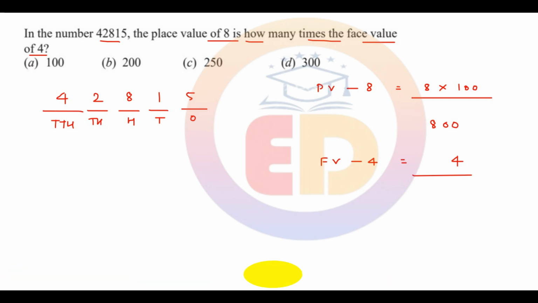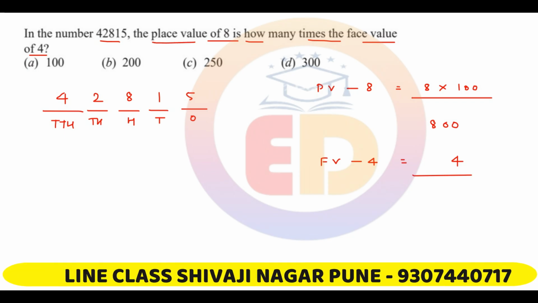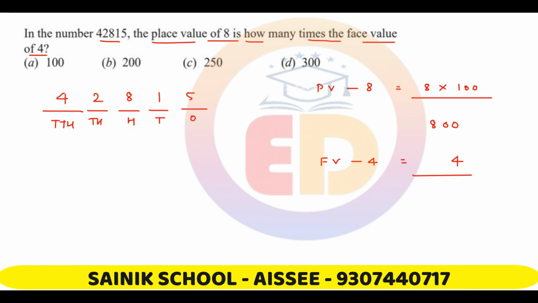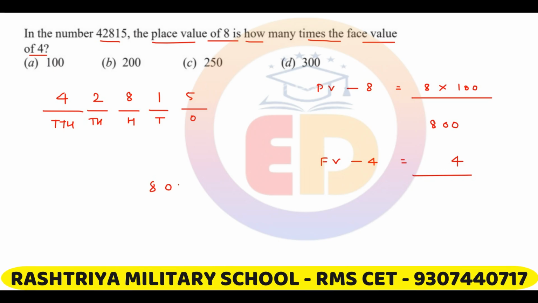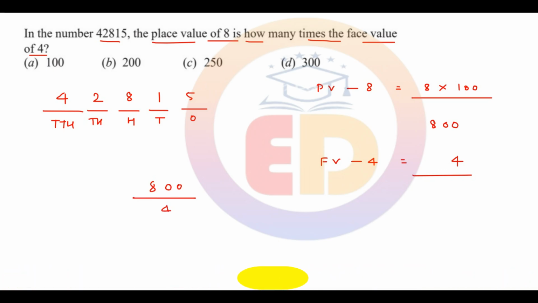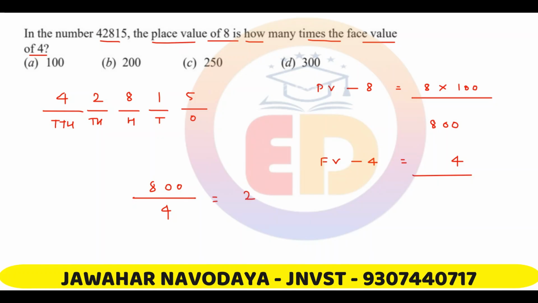So now the question is asking that the place value of 8 is how many times the face value of 4. So we have to find out that 800 is how many times of 4. For that, divide 800 by 4. Answer is 200.